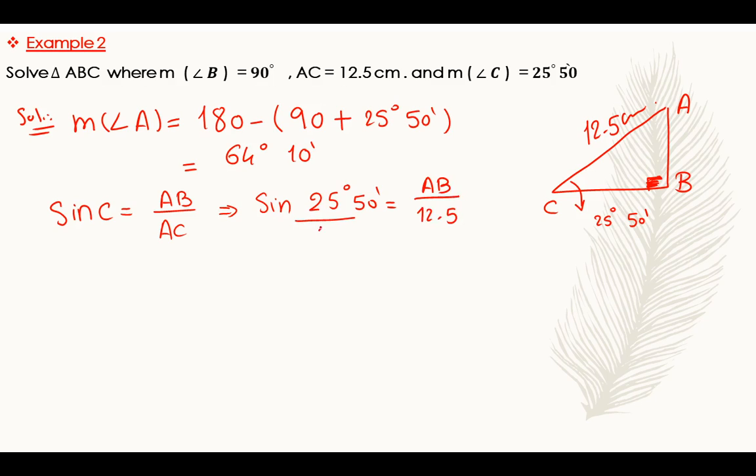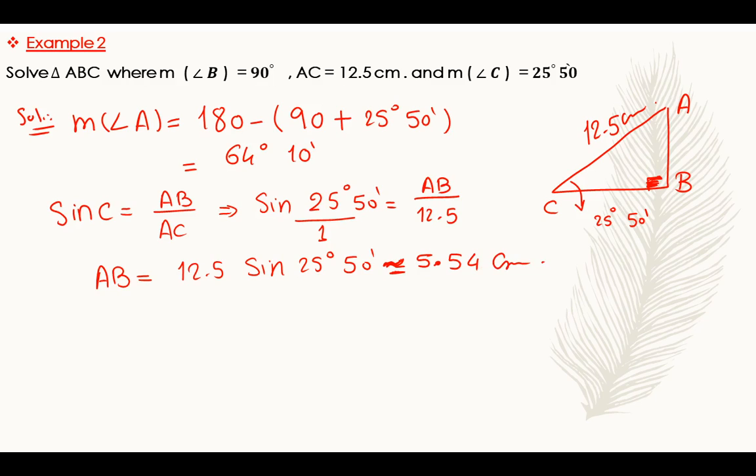Here we can put 1 under sine 25 degrees and 50 minutes, cross multiplication, AB times 1 will be equal to AB, 12.5 multiplied by sine 25 degrees and 50 minutes. So the length of AB will be 12.5 multiplied by sine 25 degrees and 50 minutes. By using your calculator, it will be approximately equal to 5.54 centimeters. Okay, this is approximated to 2 decimal places.